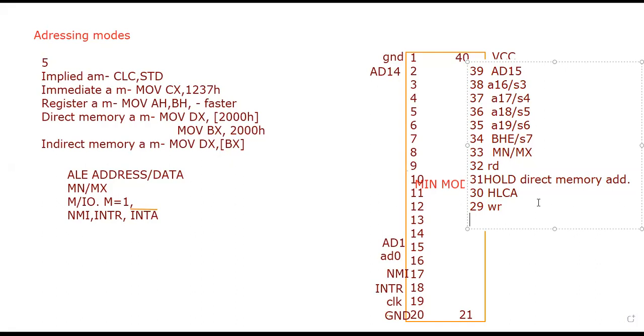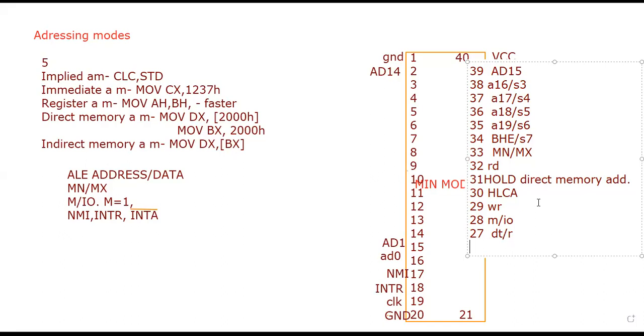Then after that there is memory IO, pin 28, whether you are dealing with memory or IO devices. After this, at pin 27 we have DTR, data transfer, whether you are sending data or you are receiving data.